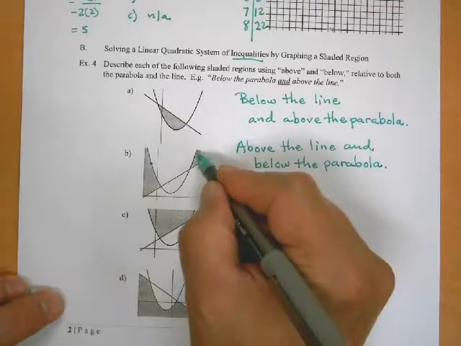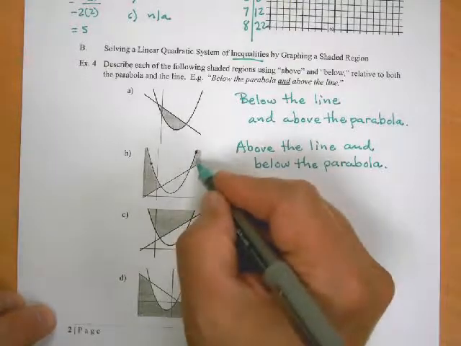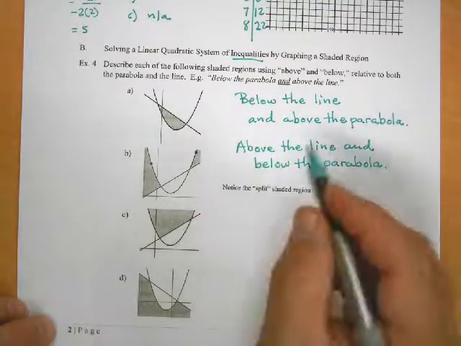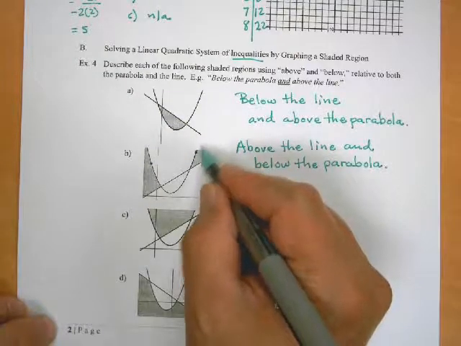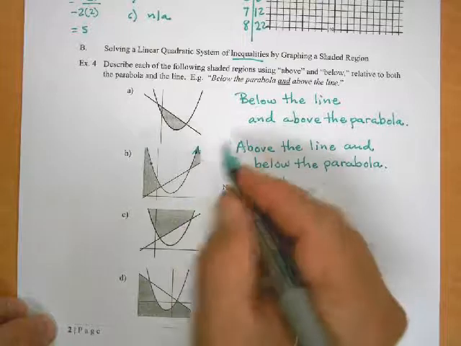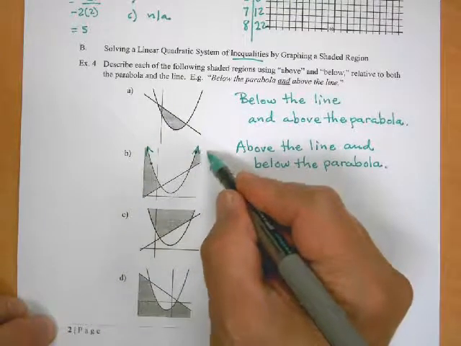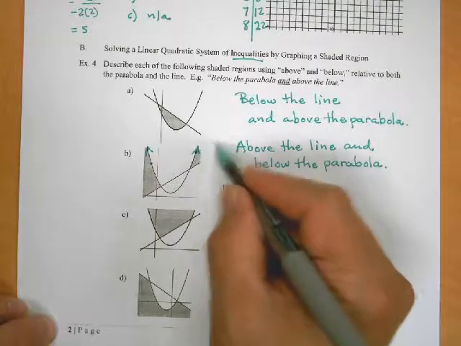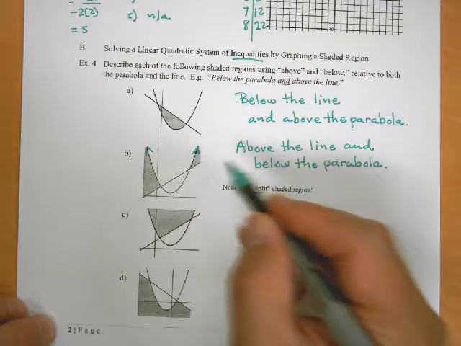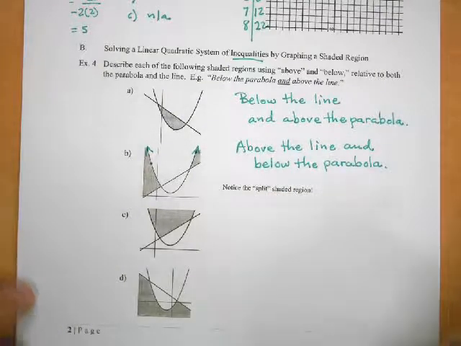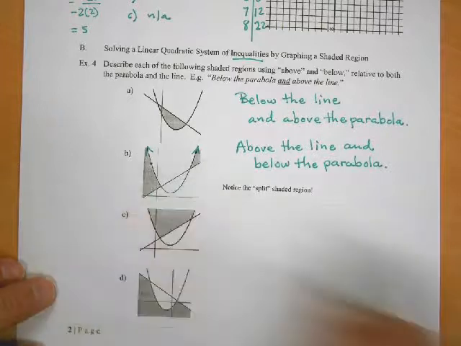Same thing over here. If you go down, you get into the shaded region, so the shaded region is below the parabola. And it's a little less obvious here, but this parabola goes forever to the right and forever to the left. So even if this shaded region were shaded further to the right, that would cover it. It goes forever to the right, kind of like a roof that stretches on and on. Okay, so you get these split graphs sometimes, and you got to watch for them.